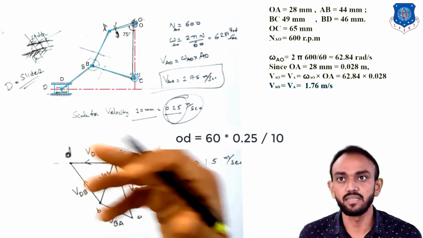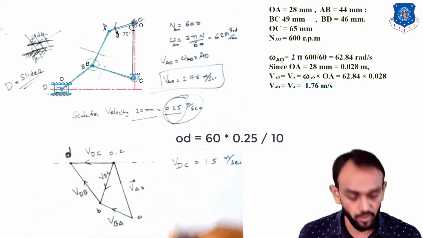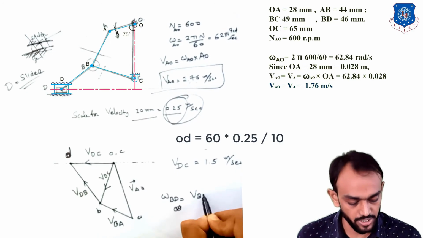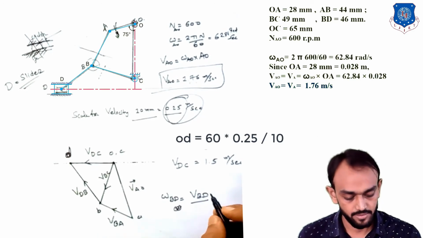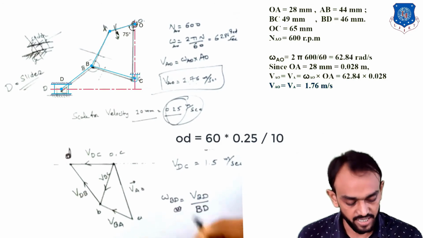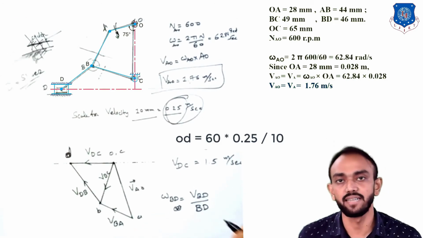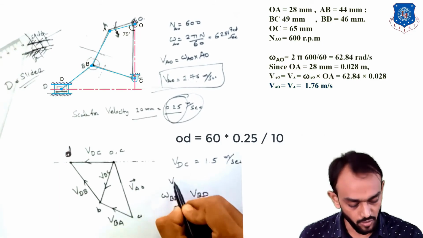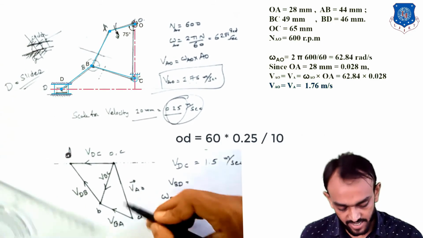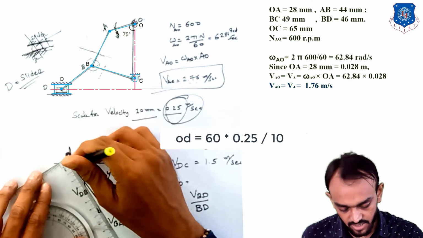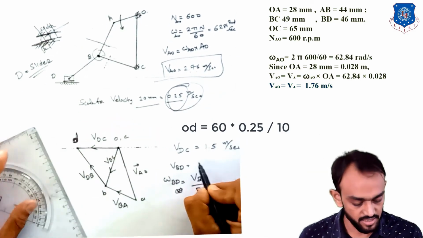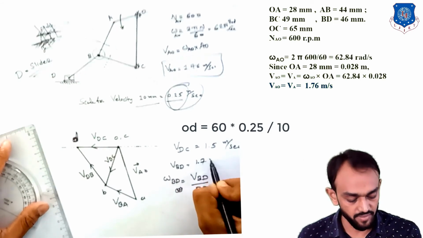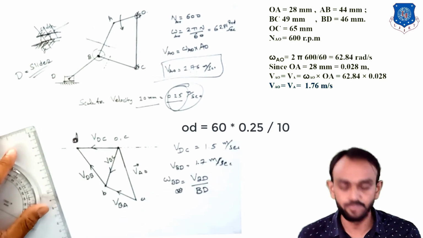Okay, and the other thing they have asked is the angular velocity of BD. Angular velocity of BD is equal to the linear velocity of BD divided by the length BD. Okay, and you will get the answer here. So, if you measure this distance BD, from B to D, it is around 70 mm, so you will get 1.7 meter per second.